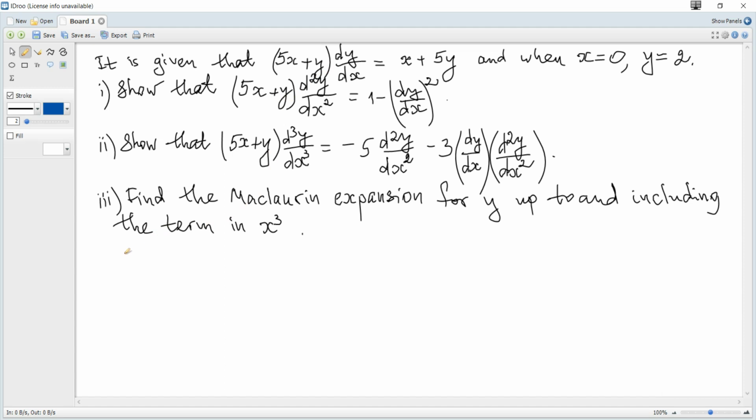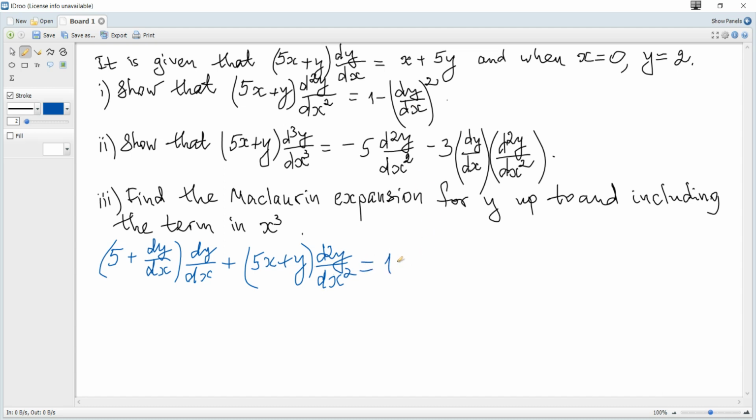x. So the derivative of 5x plus y becomes 5 plus dy/dx, multiplied by just dy/dx, plus 5x plus y, the derivative of the first derivative, which is just the second derivative, is equal to the derivative of x, which is 1, plus 5 dy/dx.